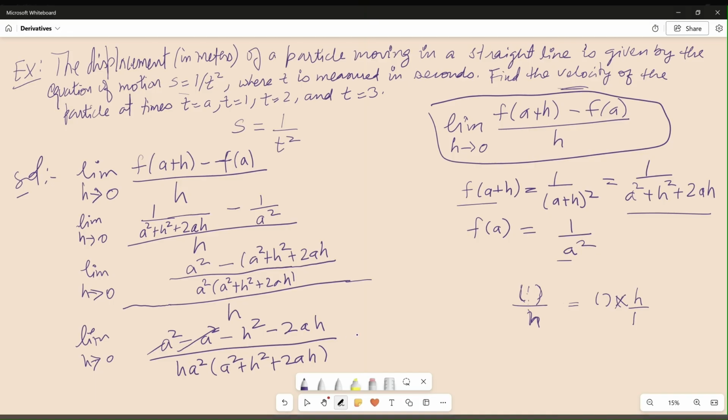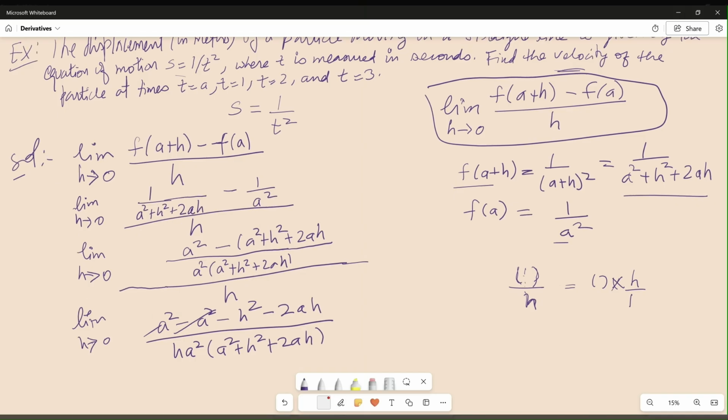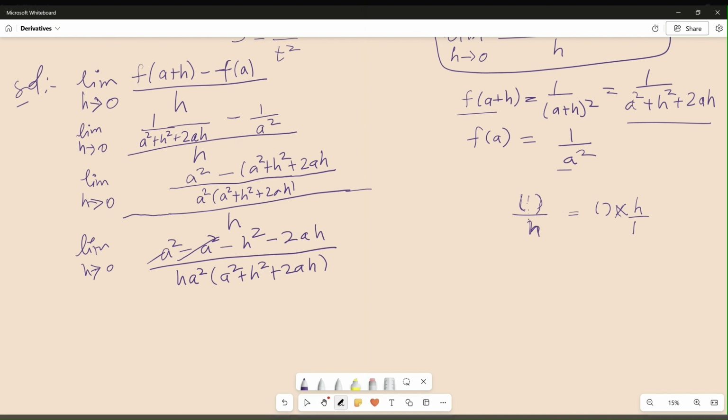Okay, so next is what we are left with. We can take the negative h common here, right? And what we are left with is h plus 2a, because positive times negative is negative, 2a times h, divided by h times a squared plus h plus 2h.